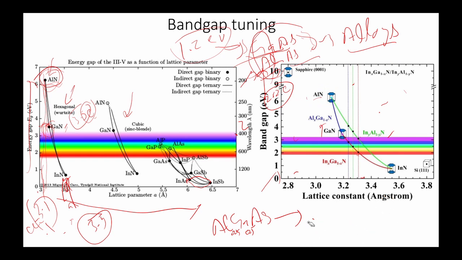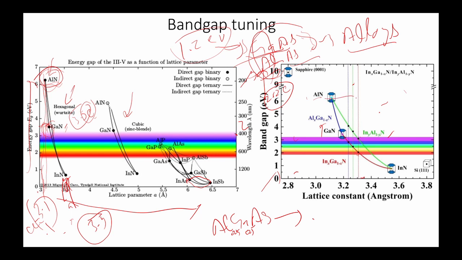We need semiconductors with different band gaps. There are some applications, like LEDs, that we will see in the subsequent slides. In LEDs what we need are quantum confinement effects, the particle-in-a-box kind of thing, so that there is more efficient recombination.